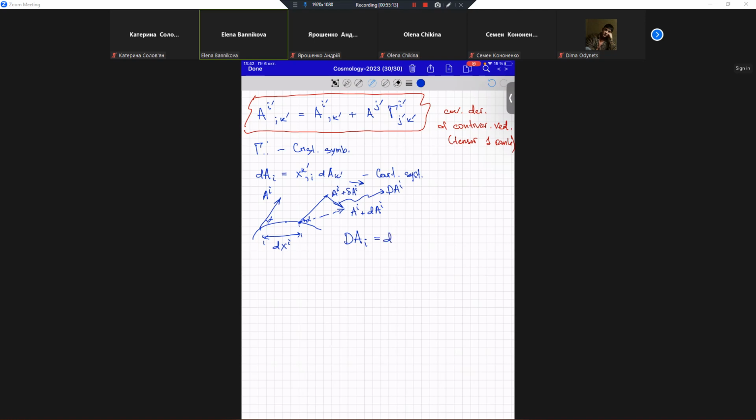This is d a i minus delta a i, because a i will disappear and we will have only this one. So this is the differential in a curved coordinate system.